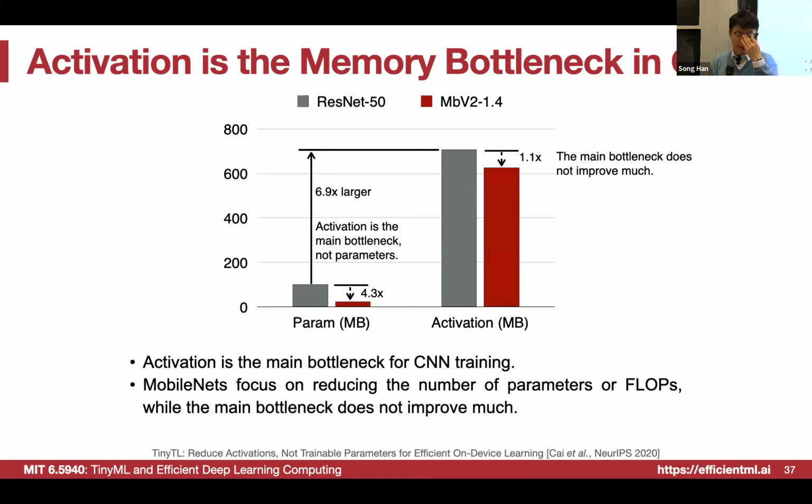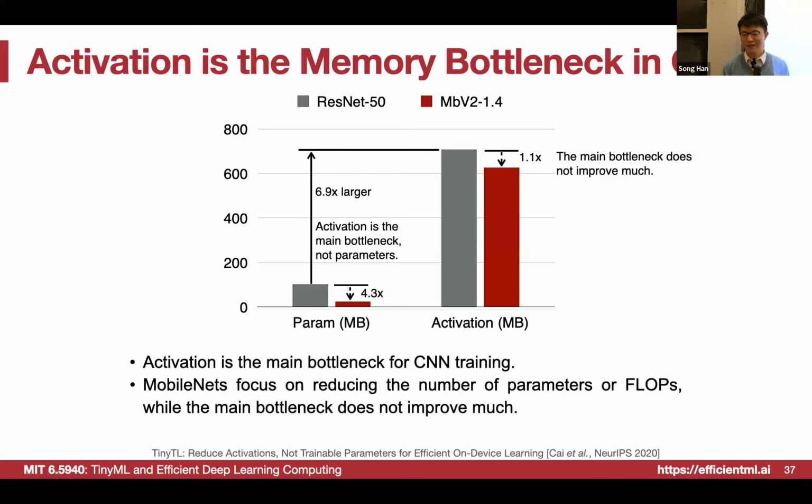What about switching to MobileNet? Remember, we talked about MobileNet, which is very FLOP and parameter efficient for inference on the phone. So we plotted the parameters of MobileNet. Indeed, you get about 4x fewer parameters. But the main bottleneck, which is the activation, only improved by about 10%.